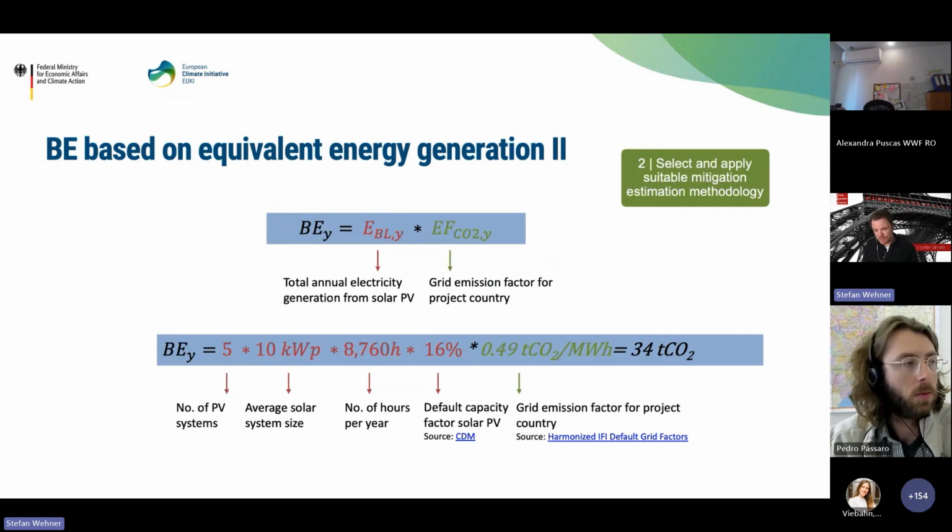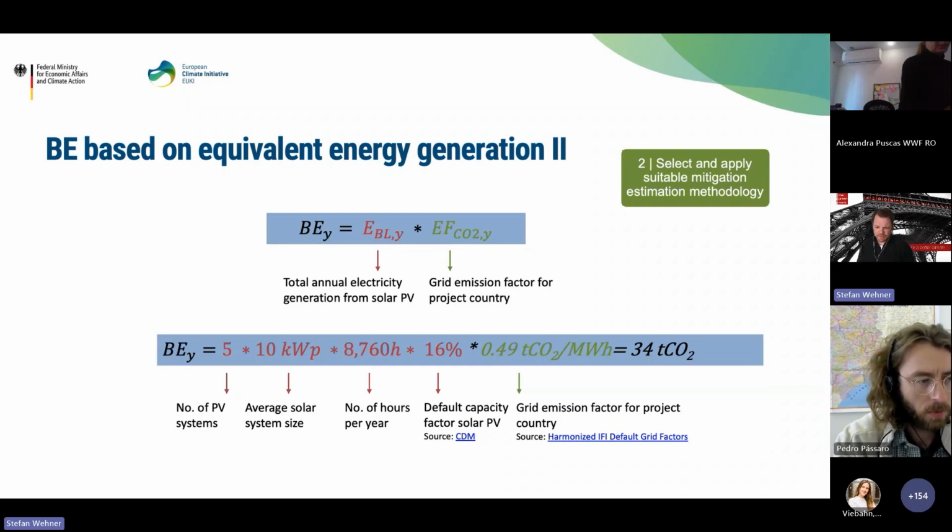The same applies to the grid emission factor, and I have linked here the source, the harmonized International Finance Institution framework on harmonized approaches, which provides default grid factors for almost all countries in the world, estimated on the CDM methodology, and are ready to use.